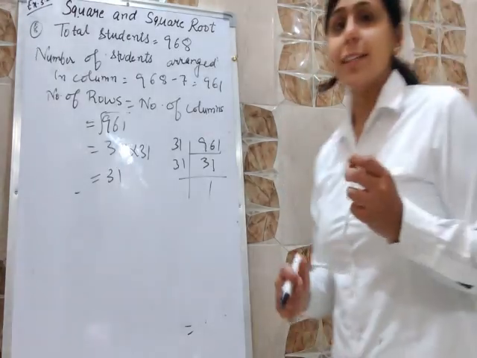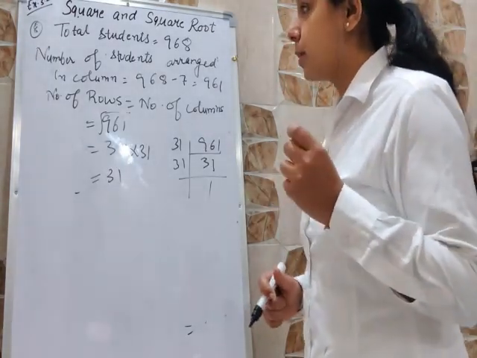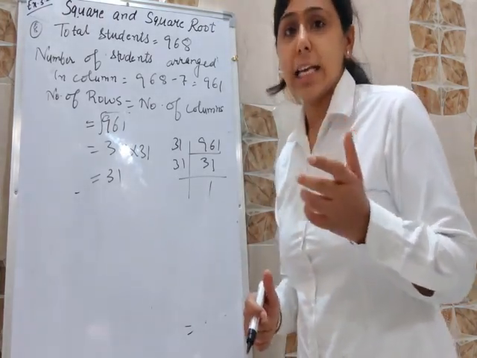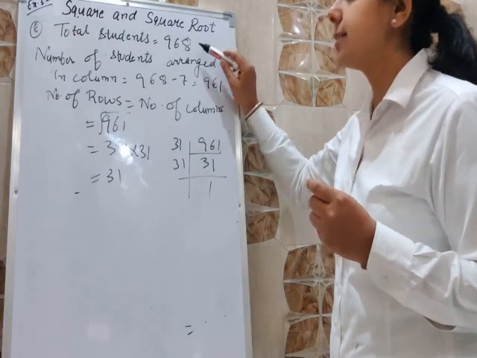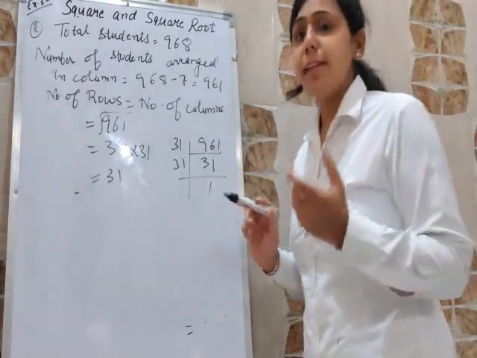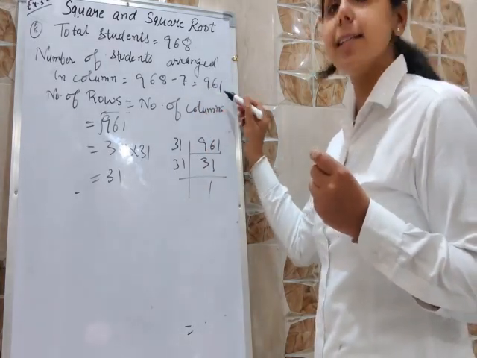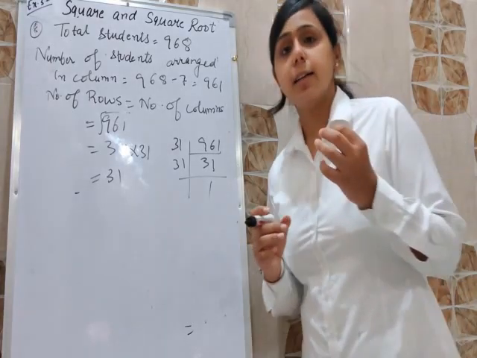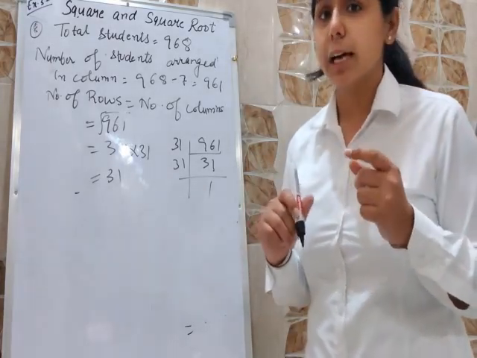Here a total number of students are given and the number of students in a column is given as 7 less in total. That means if the total is 968, the number of students in a column will be 968 minus 7, that is 961. As in a square method, number of columns and number of rows are the same.